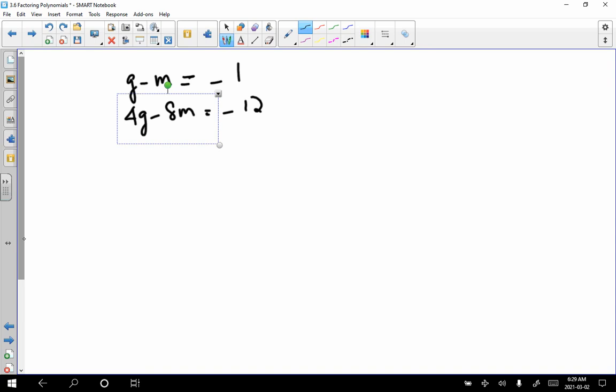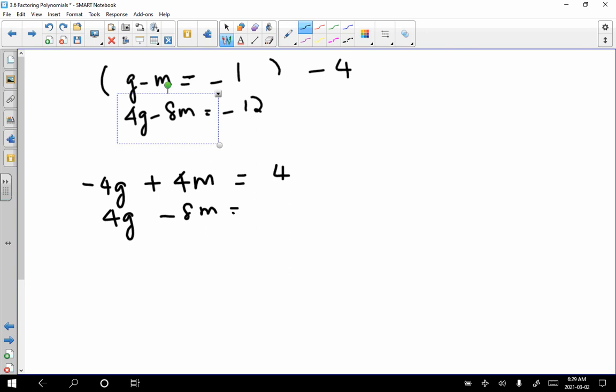What method are we going to use? We can use substitution or we can use elimination. I'm going to do elimination. I'm going to times this one by negative 4. So I get negative 4g plus 4m equals 4. The second one I'm going to keep as is, 4g minus 8m equals negative 12.